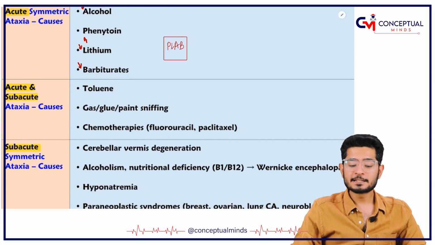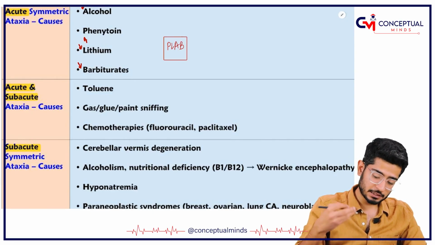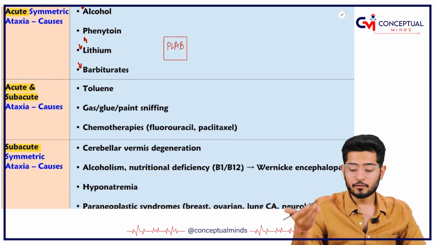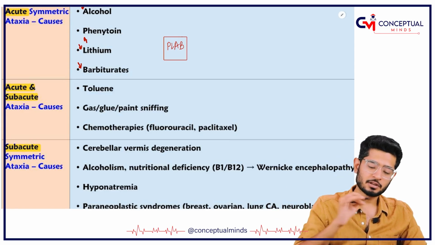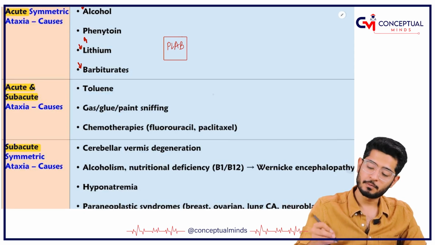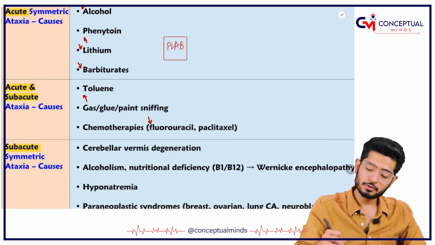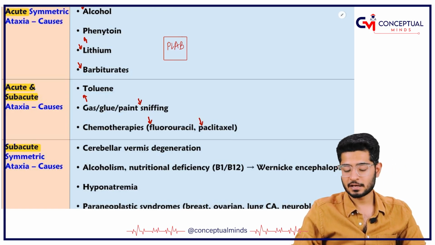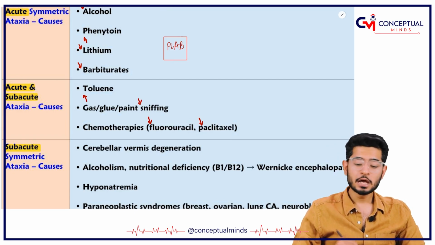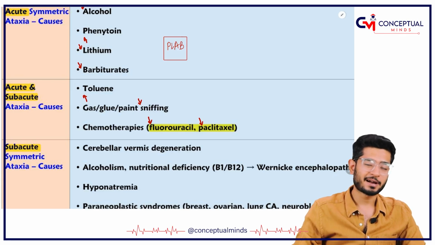Coming on to the subacute now. So now toluene and the sniffing agents and the 5-fluorouracil, paclitaxel, all these things can be either acute or subacute, but you have to remember that you have got the toluene, 5-fluorouracil, paclitaxel, and then the sniffing. All these are actually the subacute ones. Okay, acute or subacute. Out of these both are really important, 5-fluorouracil and paclitaxel.